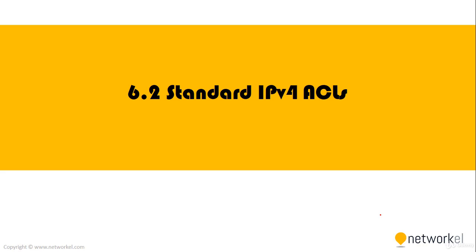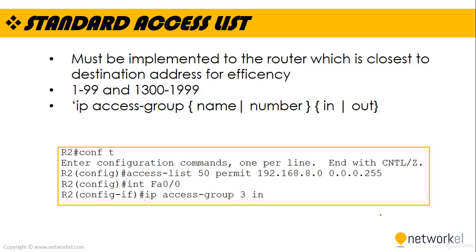Okay, let's go ahead with the standard IPv4 access lists. Standard access lists perform packet filtering based on source address and must be implemented on the router which is closest to the destination address for efficiency.